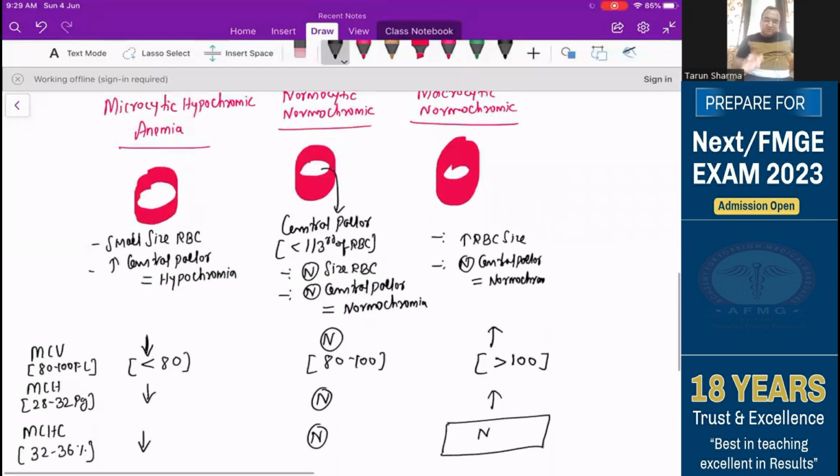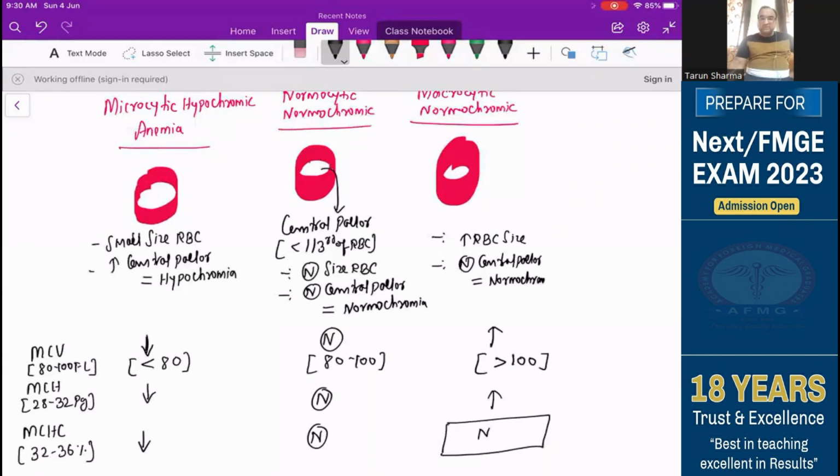Now the next question that comes to our mind is how we can say that the RBC is normal, or RBC size is increased or decreased when we are looking at the peripheral blood smear. Whenever you are looking at the peripheral blood smear under the microscope and you are visualizing many RBCs, how do you make out whether those RBCs are small, normal, or big in size?